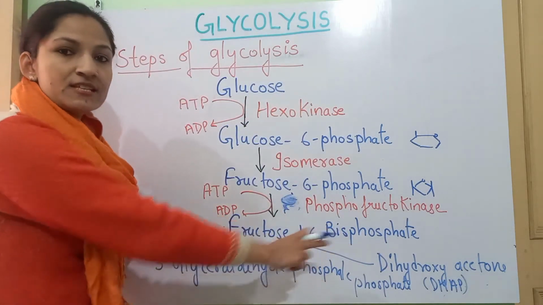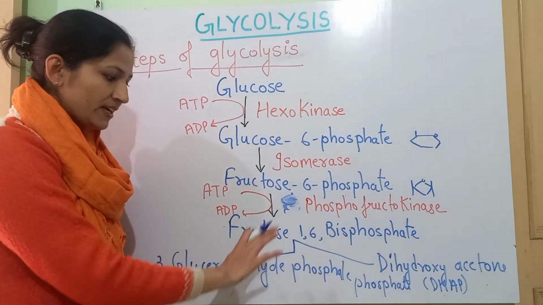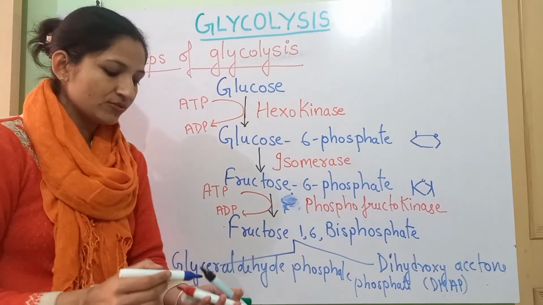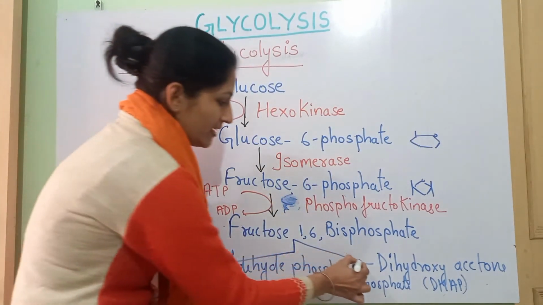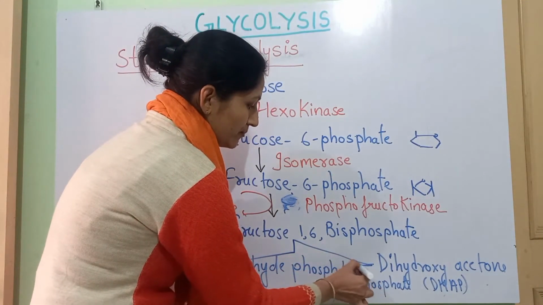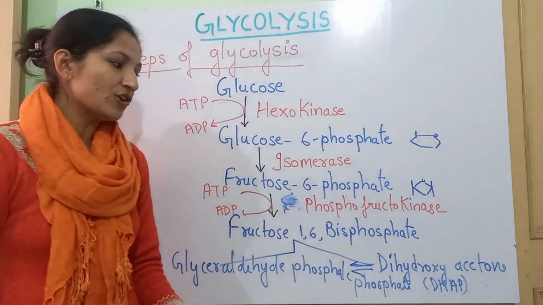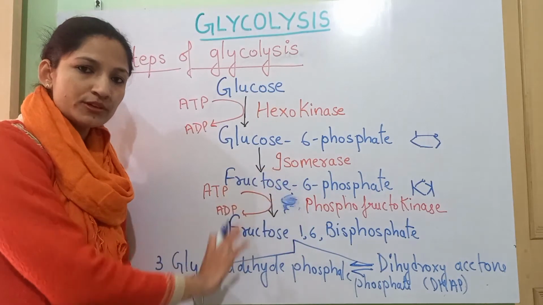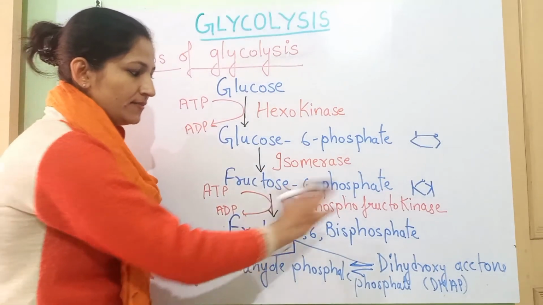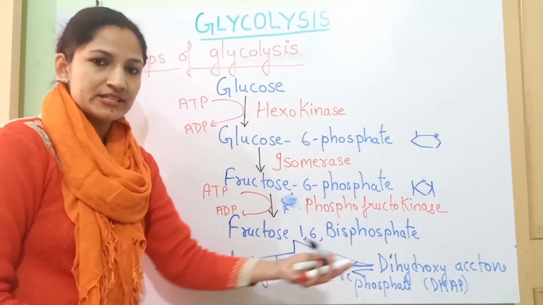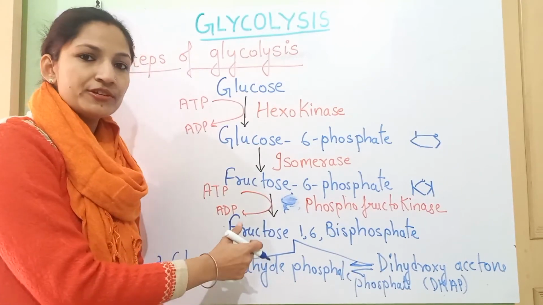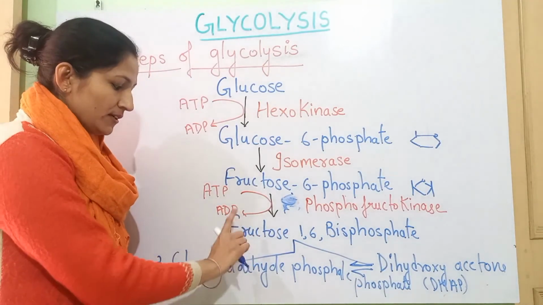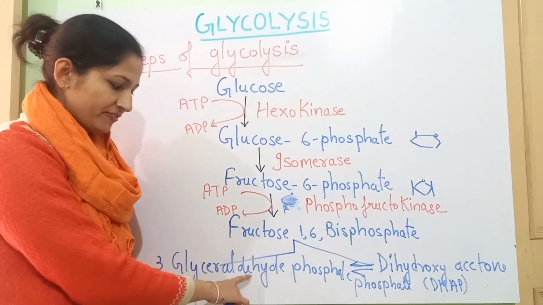Both these molecules, glyceraldehyde phosphate and dihydroxyacetone phosphate, are 3 carbon containing molecules and they are interconvertible. It means dihydroxyacetone phosphate can be converted to form this, and this can be converted into DHAP. Got it? So after this we'll continue with the 2 molecules of this.